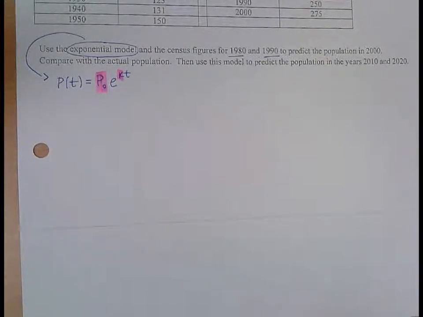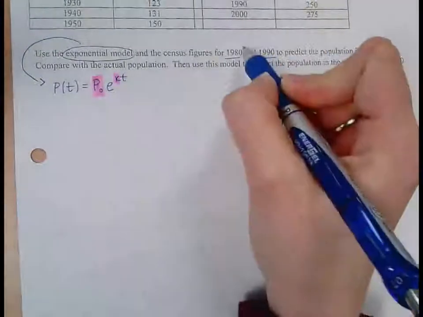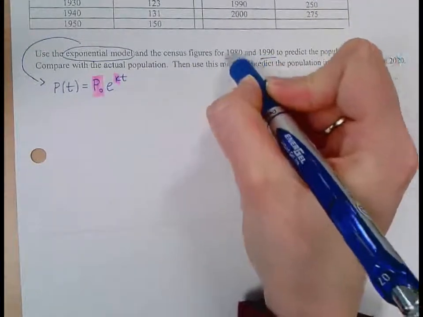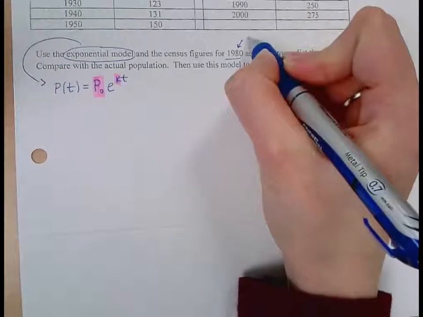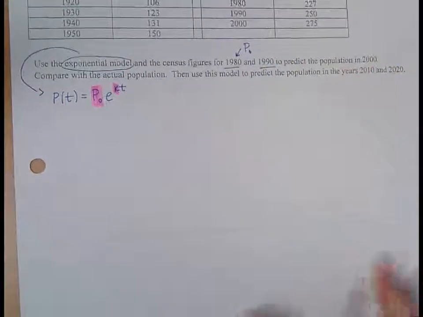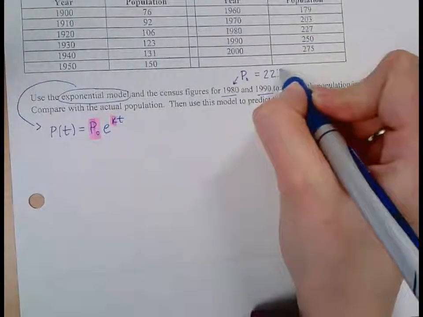So if we're using the figures for 1980 and 1990, we are then letting the population in 1980 be the initial population, be our P sub 0. So starting with 1980, that means we're going to let P sub 0 be 227, and again, it's measured in millions, but 227.